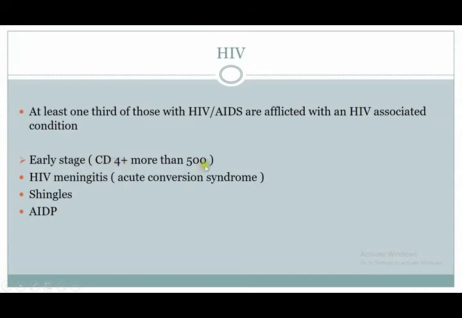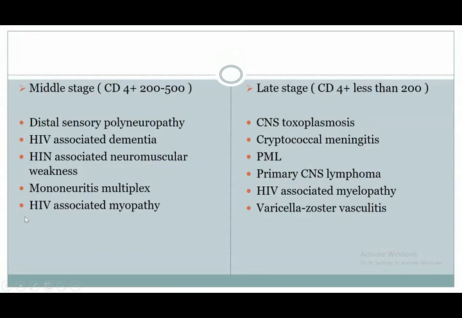CD4 cells are basically the T cells, WBCs, in which HIV causes a progressive decrease. In early stages, with CD4 count more than 500, you may have central infections with HIV meningitis. Basically, it's not so serious a condition. You may have shingles, you may have AIDP, which is acute inflammatory demyelinating polyneuropathy.